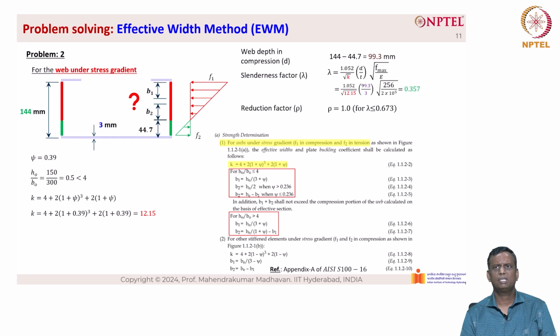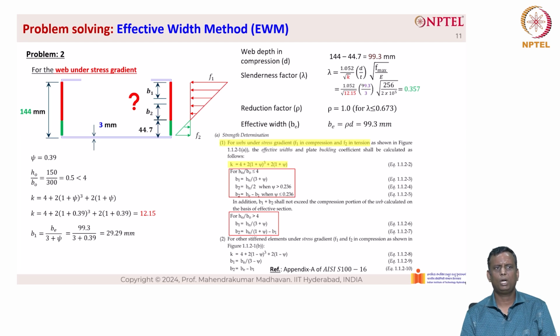So 0.357 is less than 0.673, which means that the reduction factor is 1.0. Basically, there is no reduction that takes place in the compressive zone of the web. So we have the effective width, which is rho into D, which is 1.0 into 99.3. B1 is given as BE divided by (3 plus psi), so 99.3 divided by (3 plus 0.39).